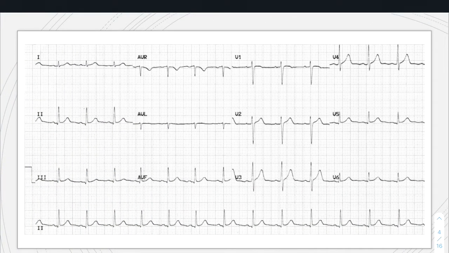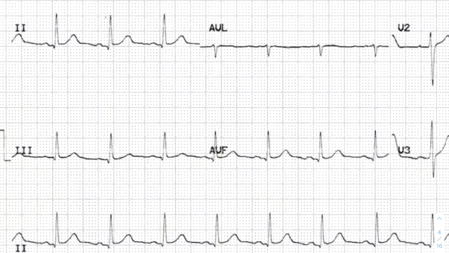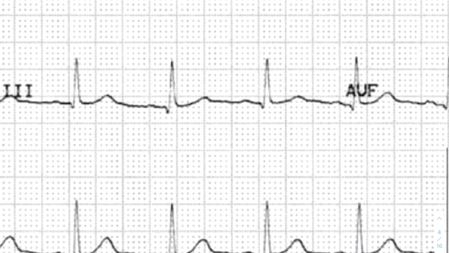So we're going to start with rate, but just before we get into that, this is your standard ECG tracing, 12 lead, just to show you that what's on the x-axis here is time. So in the entire tracing, you have these boxes here. These are our small boxes, and there are 5 of them.